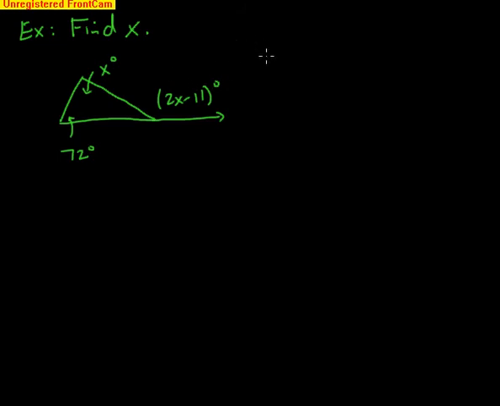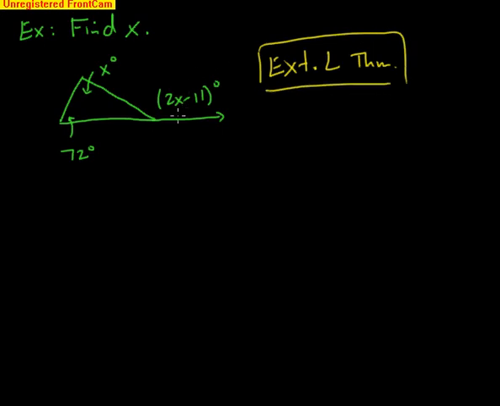To do this, we need to use the exterior angle theorem. 2x minus 11 equals x plus 72. That's what the theorem says. The exterior angle equals the sum of the two non-adjacent interior angles.